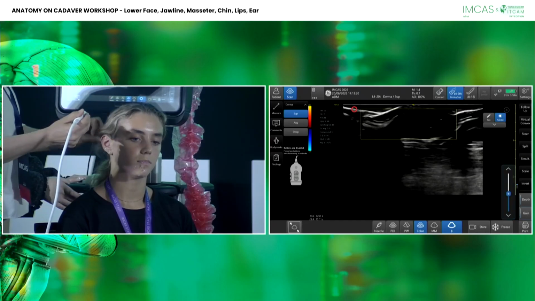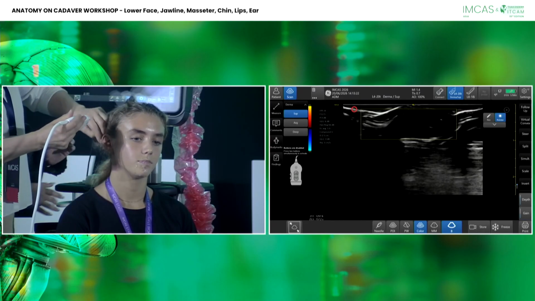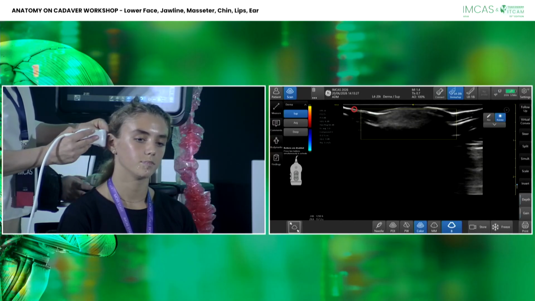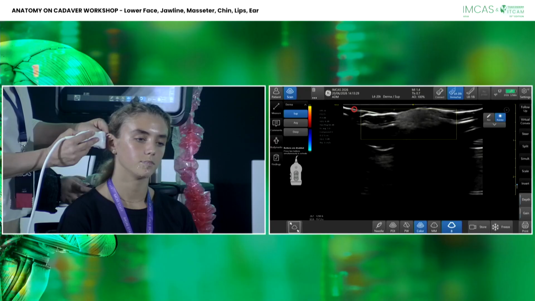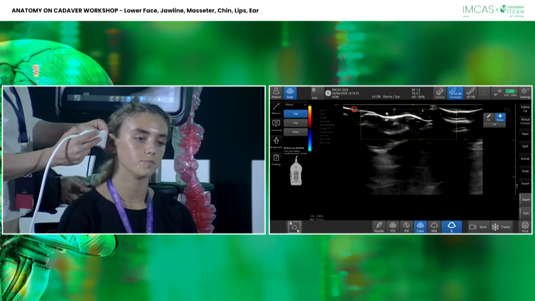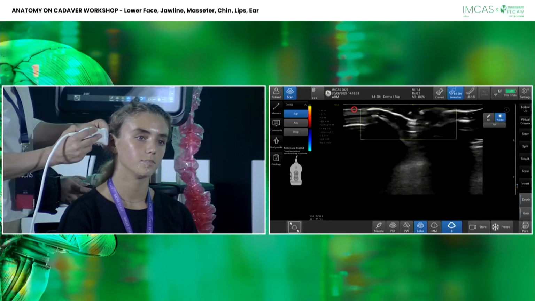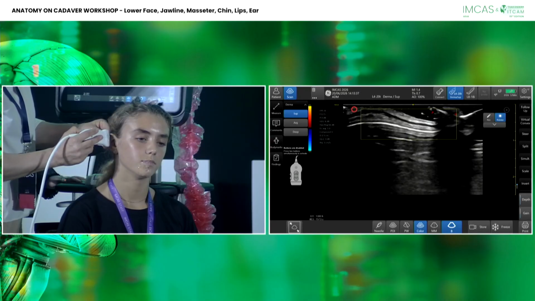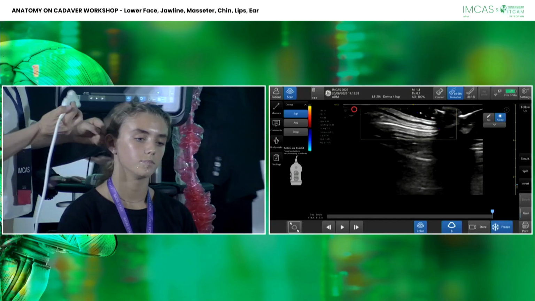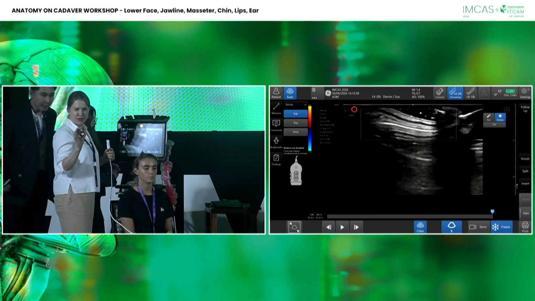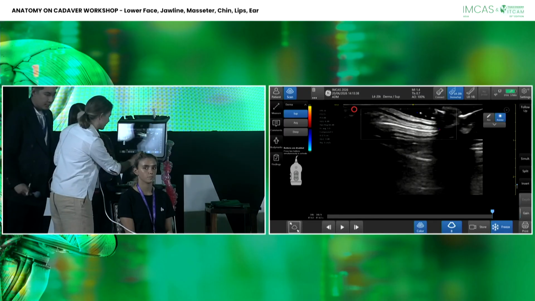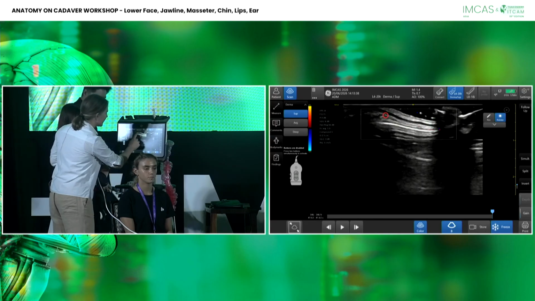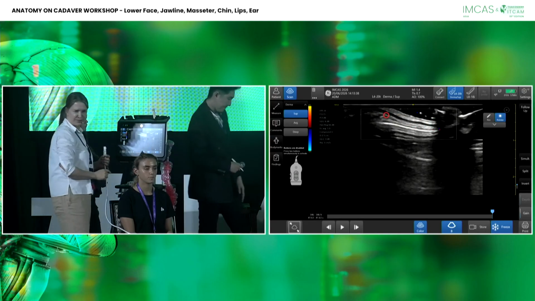The helix has cartilage. So you have a very, very tiny superficial fatty layer. Can you freeze? If you really want to be in the subcutaneous area, the black is the cartilage.